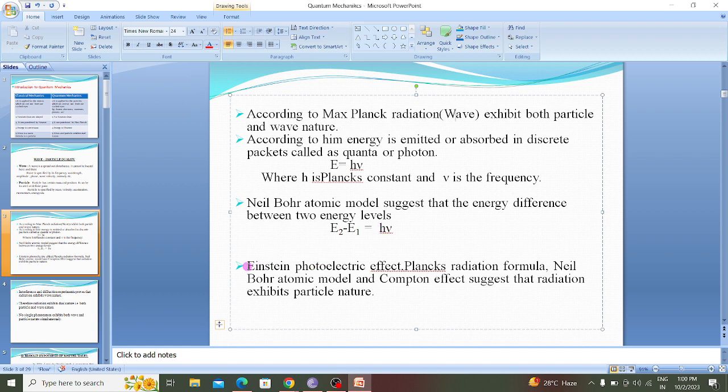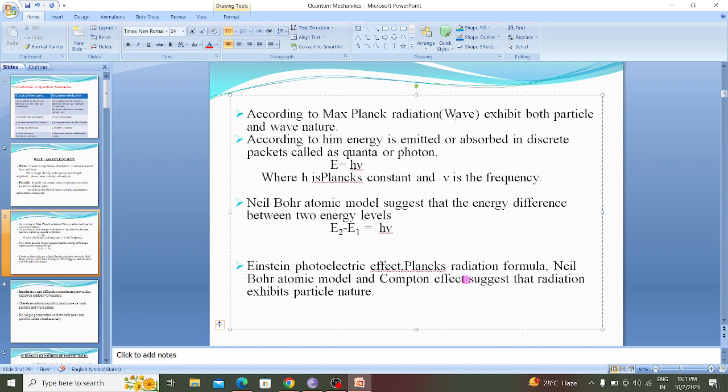Not only these: Einstein's photoelectric effect, Planck's radiation formula, Neil Bohr's atomic model, Compton effect, black body radiation, all these experiments suggest that radiation exhibits particle nature, that is, a wave exhibits particle nature. So what are the theories which say that a wave exhibits particle nature?